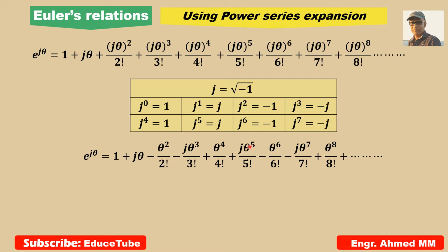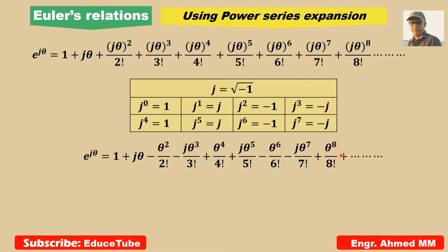Because comparing this position, j to the power 5 equal to j, so I replace it by j. Again, j to the power 7 equal to minus j, so I put a minus. That's why there is a minus here. So this is the way we got e to the power j theta as this.